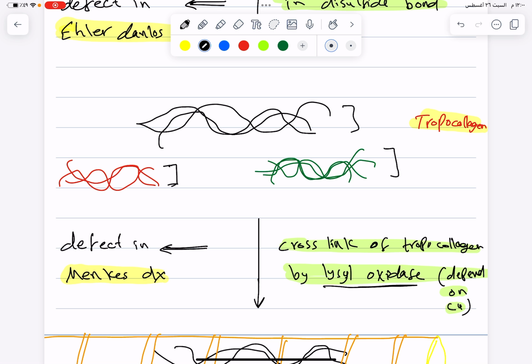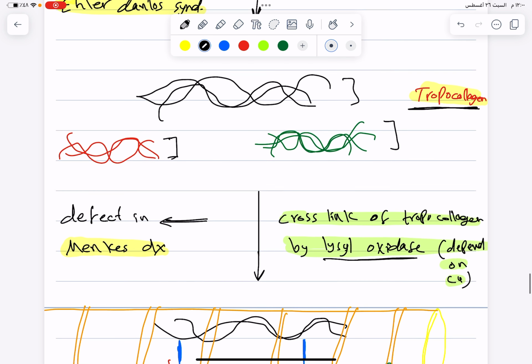We cannot cross-link the tropocollagen to one another because of copper deficiency, so the lysyl oxidase enzyme activity will be low. We will only get tropocollagen. We cannot cross-link between them.